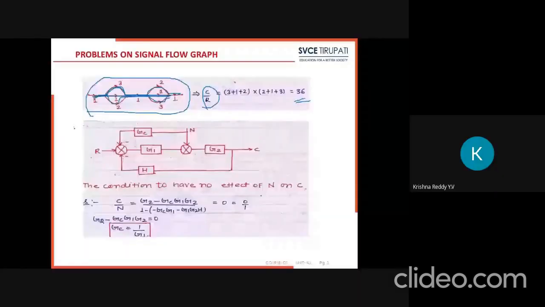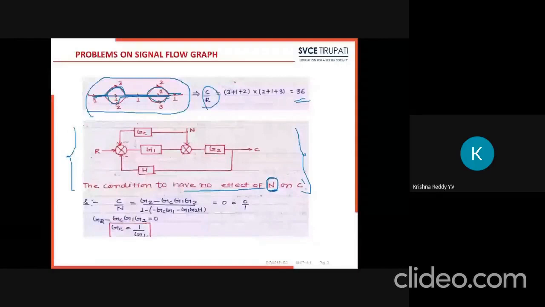If you are seeing this problem, the condition is to have no effect of noise on the output. The noise effect does not relate to the output. What is the condition? We calculate the transfer function with respect to the noise to the output equal to 0.